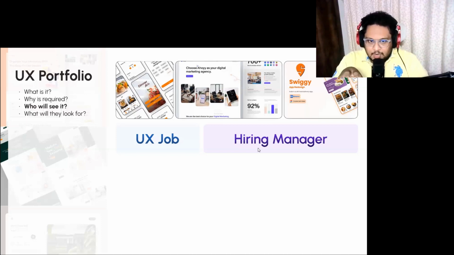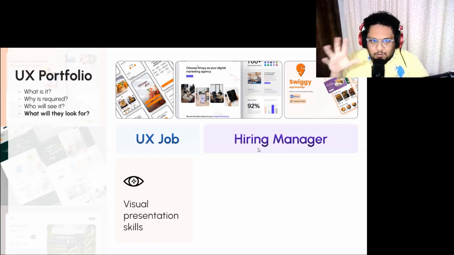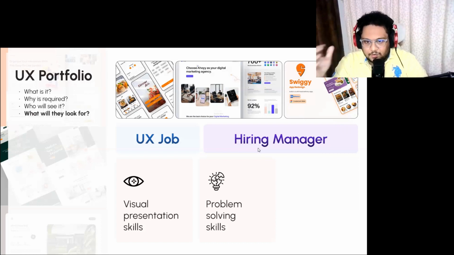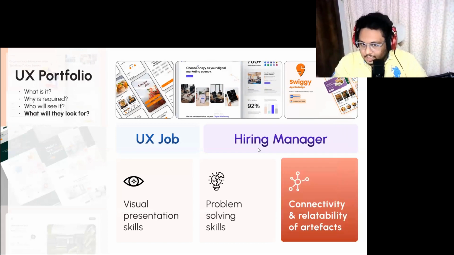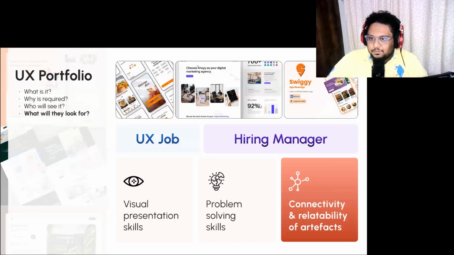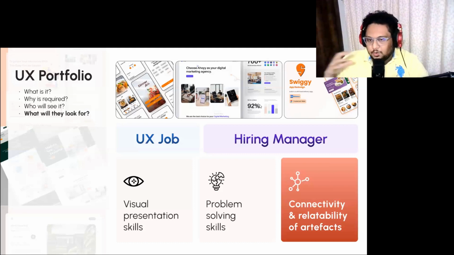When the person is looking at it, what are the top 3 things that a person is looking at in the portfolio? How well is the portfolio organized? Problem solving skills, of how the person is solving the problem using these artifacts. And the most important thing is the connectivity of the whole artifact sequence or the whole portfolio, right?